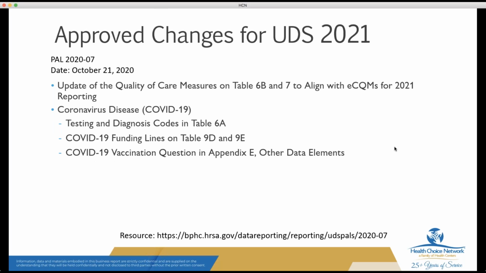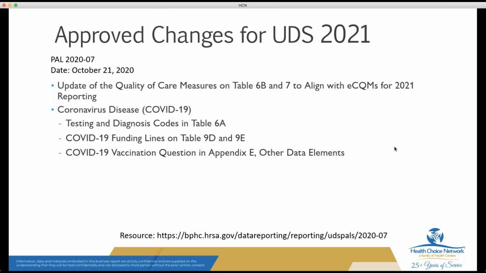So for the approved changes for 2021 in the PAL document 2020-07 that was released October 21st of last year, not as many changes as you could see compared to reporting year 2020.